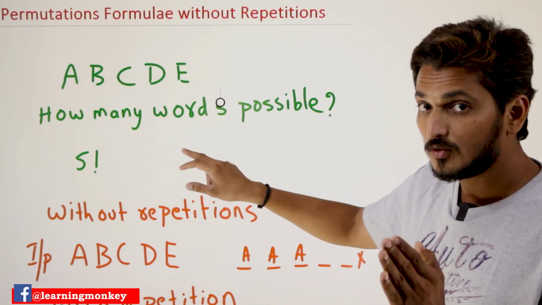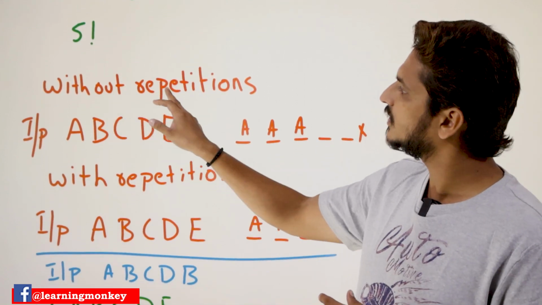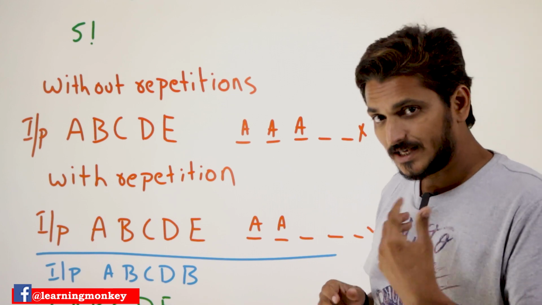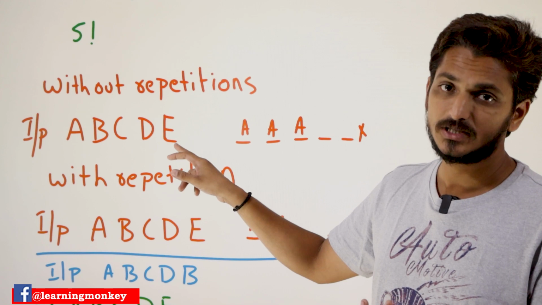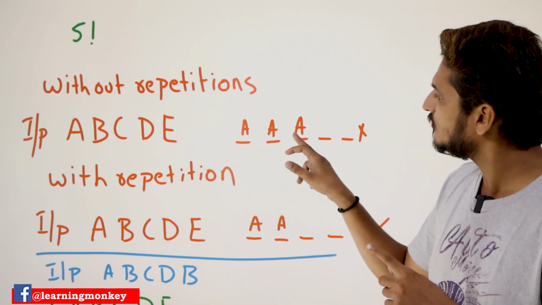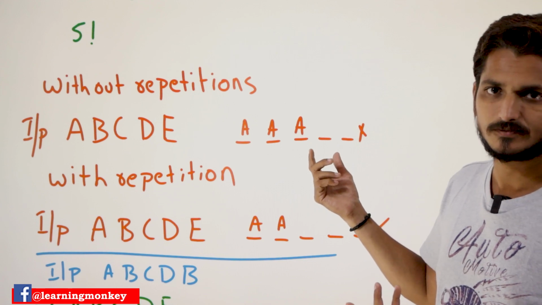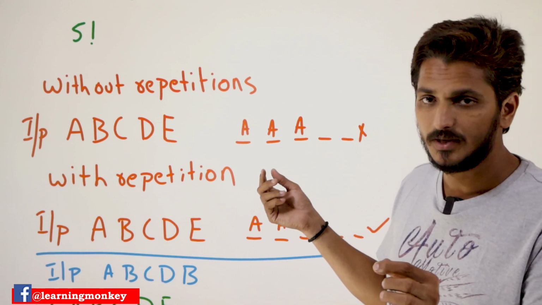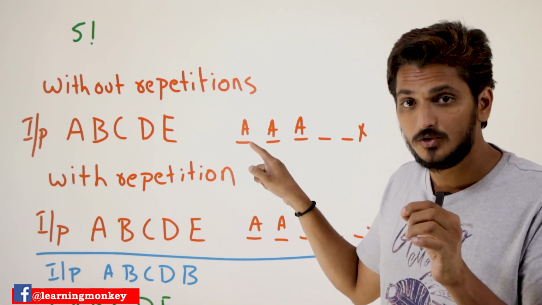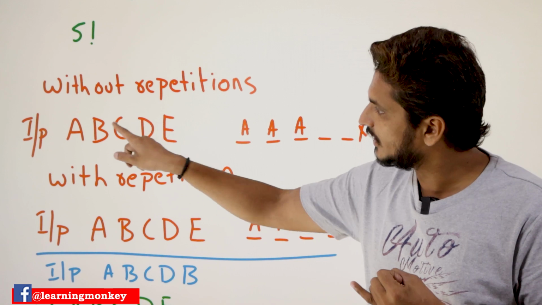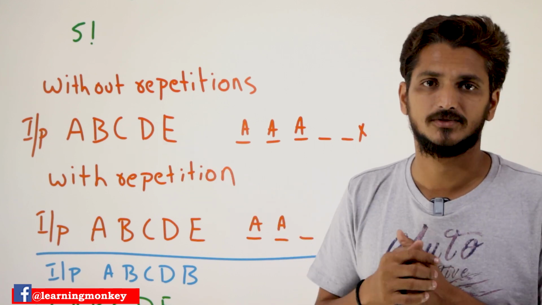So assuming that you already understand how we got this 5 factorial, before moving into the formula, first you need to understand what the meaning of without repetitions is. The example which we discussed previously, given A, B, C, D, E are the 5 alphabets, using this you need to find the 5-letter different possible words. Here without repetition means, suppose take the first position. In the first position, you can fill A, B, C, D, E, any one of the choice.